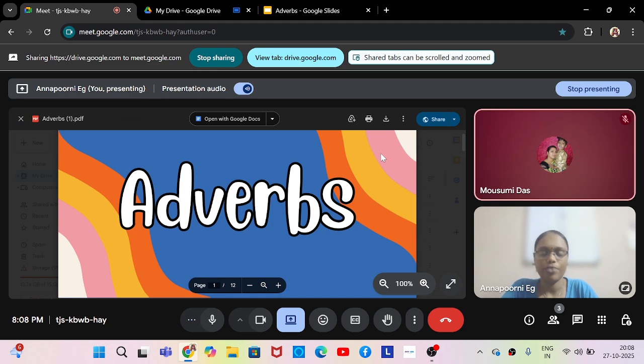Okay. So adverbs are nothing but describing words only. Adverbs are also describing words, just like adjectives. So we studied adjectives in the last 2 to 3 classes. So what are adjectives? Do you remember what are adjectives?